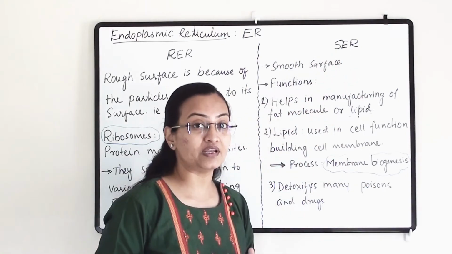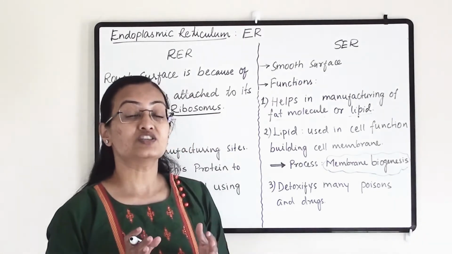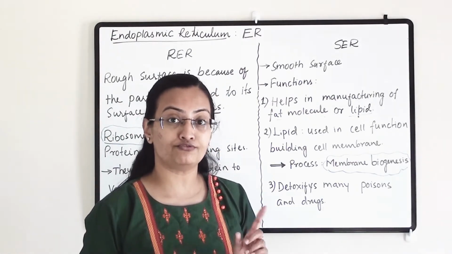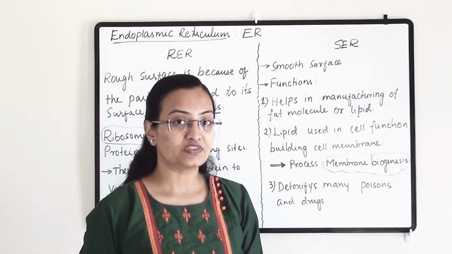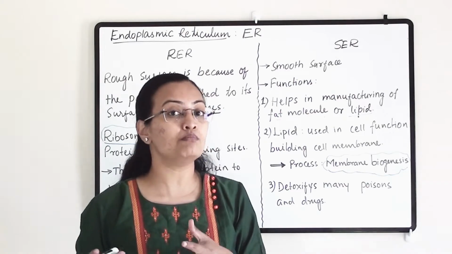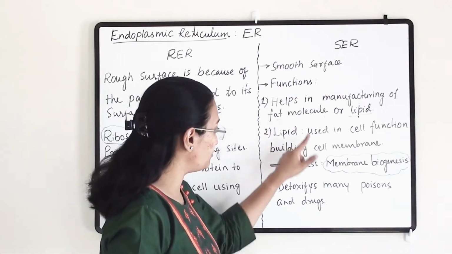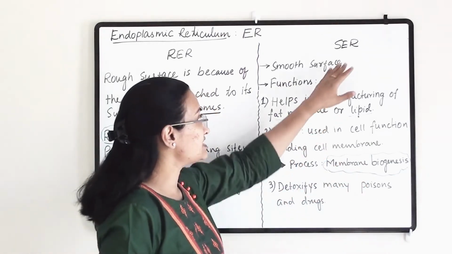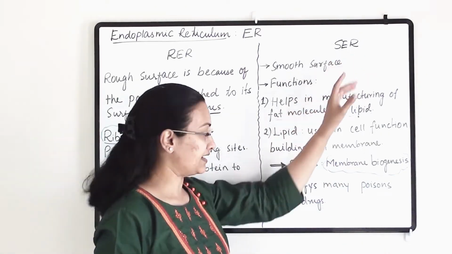So what is membrane biogenesis? Smooth endoplasmic reticulum helps in manufacturing fat or lipid molecules, so that those lipid molecules in turn can build the cell membrane. That complete process is known as membrane biogenesis, and it happens at smooth endoplasmic reticulum.